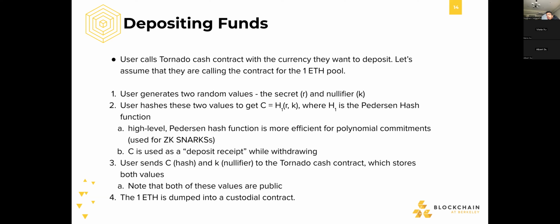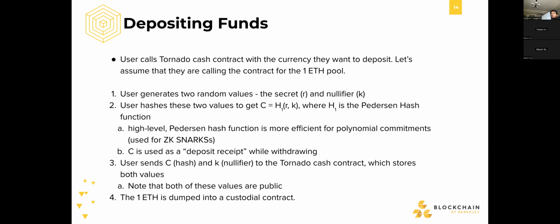Essentially it's more efficient for ZK because it reduces the computational load of polynomial commitments at the other end, it just makes that process a little bit easier. And essentially what C is used for is as a deposit receipt while withdrawing.